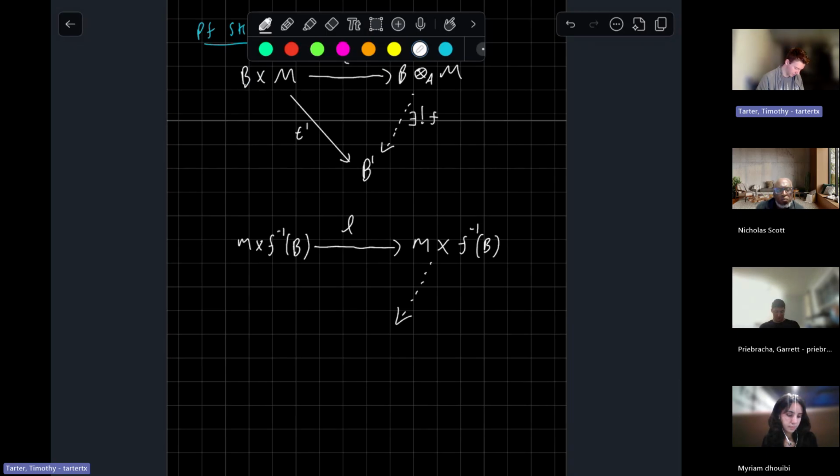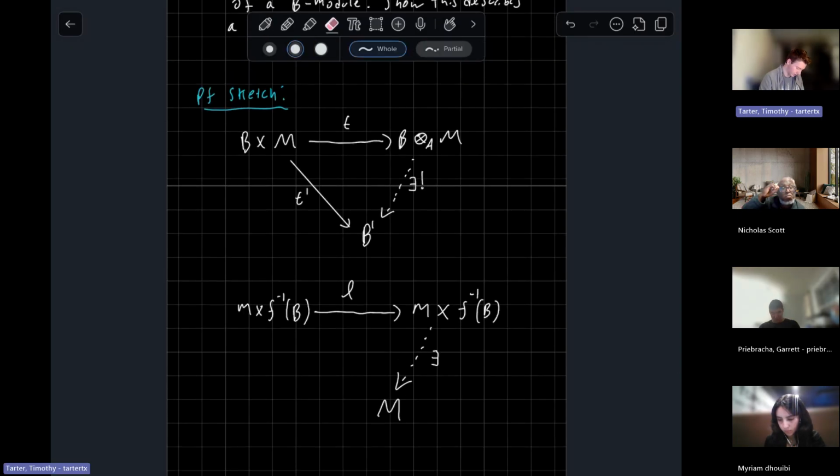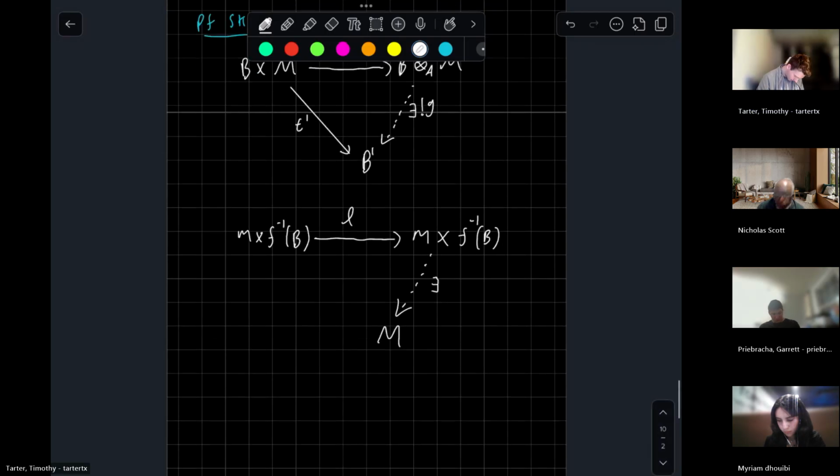And then this is going to flow down into an A module. And I guess we shouldn't call this F. We should call this G. And we'll call this H because we're running out of letters. And we'll call this T or L prime. That's what we'll call it.